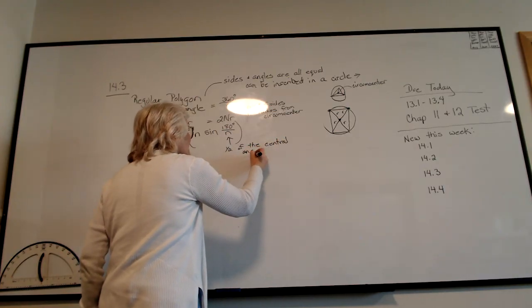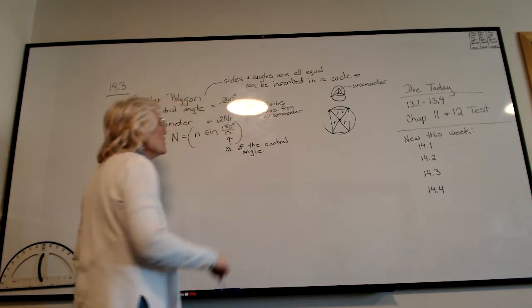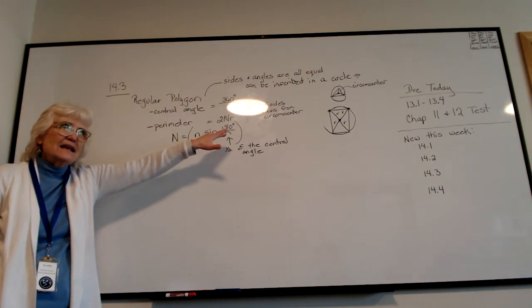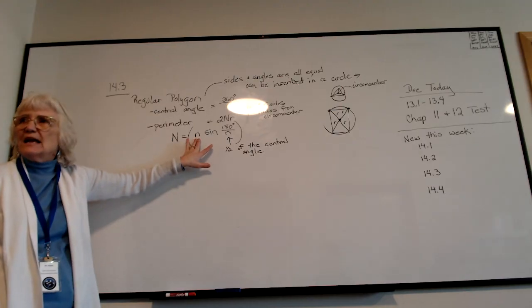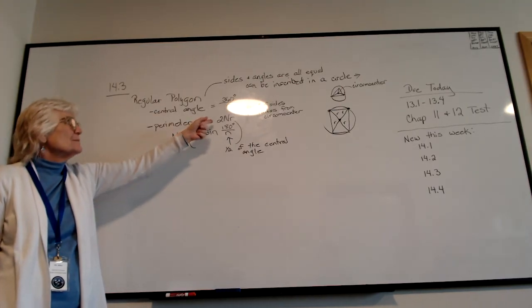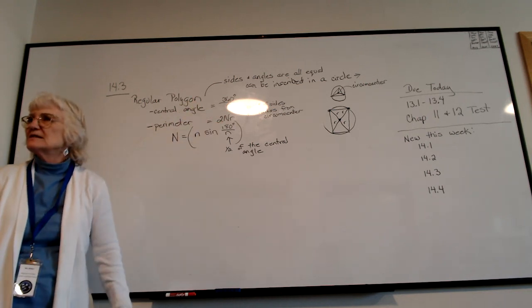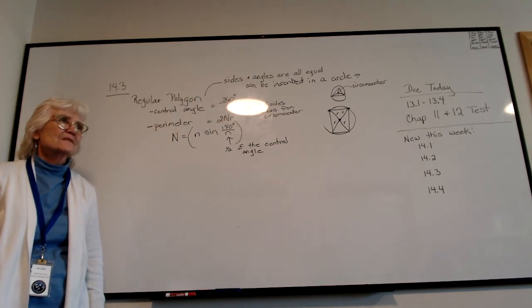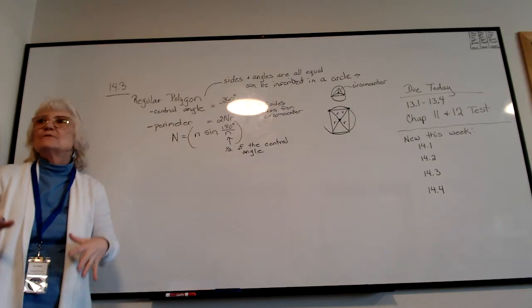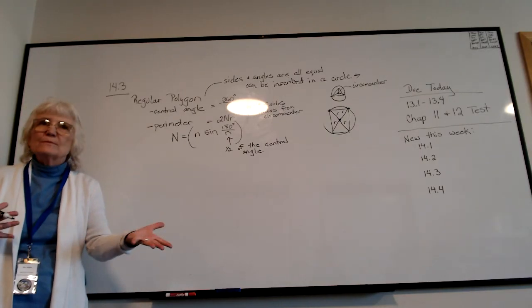So if you find the central angle, it's not as hard. But you do have to take the sine of that angle and multiply it by n. That gives you your big N, which you times by 2 and times by the radius, and that will give you the perimeter. So that's basically what we talked about in 14.1 and 14.2, using those formulas.